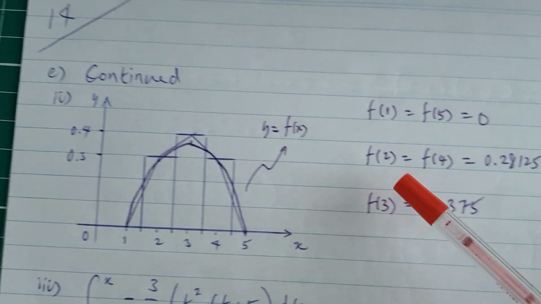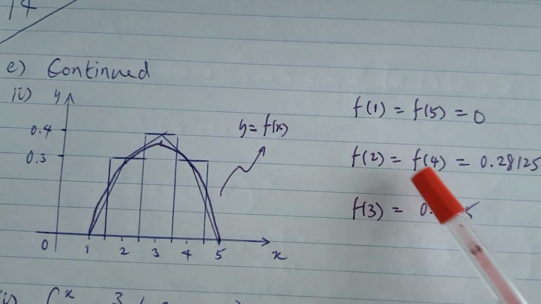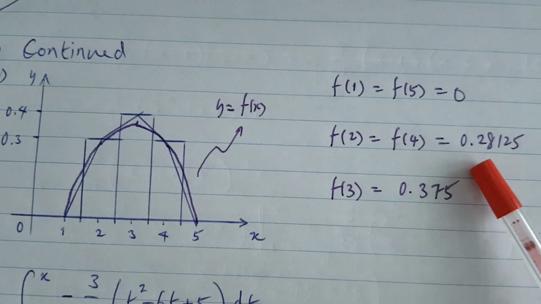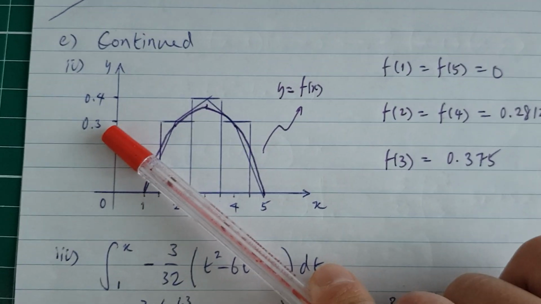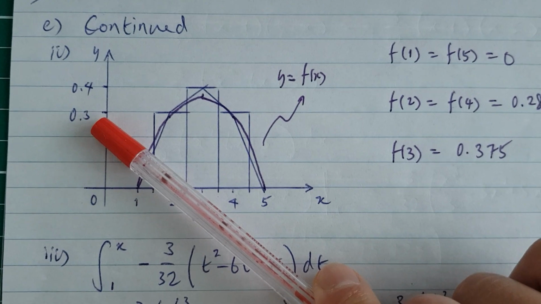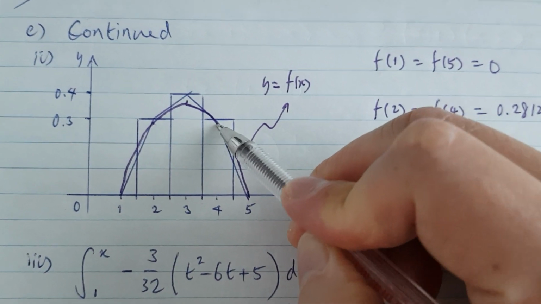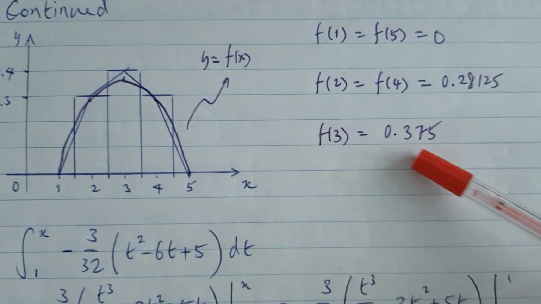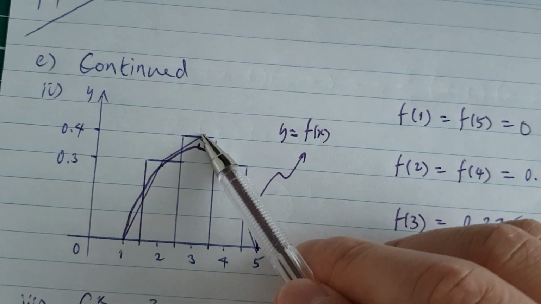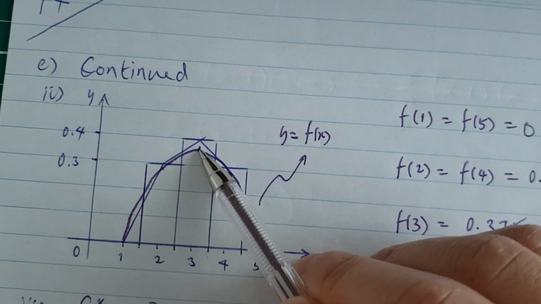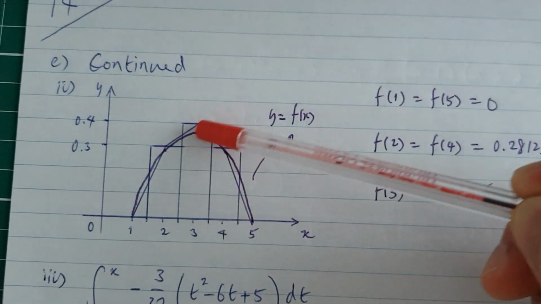You will notice that f1 and f5 are actually 0. f2 and f4, because they're symmetrical, give 0.28, which is just a shy of the 0.3 mark in the actual histogram. And f of 3 is 0.375, which is just under 0.4, so that's why it's shorter than that one. So that's the y equals fx curve.